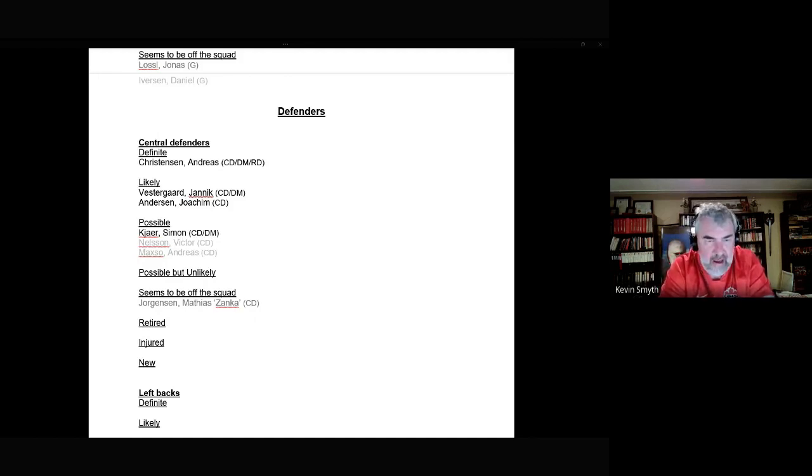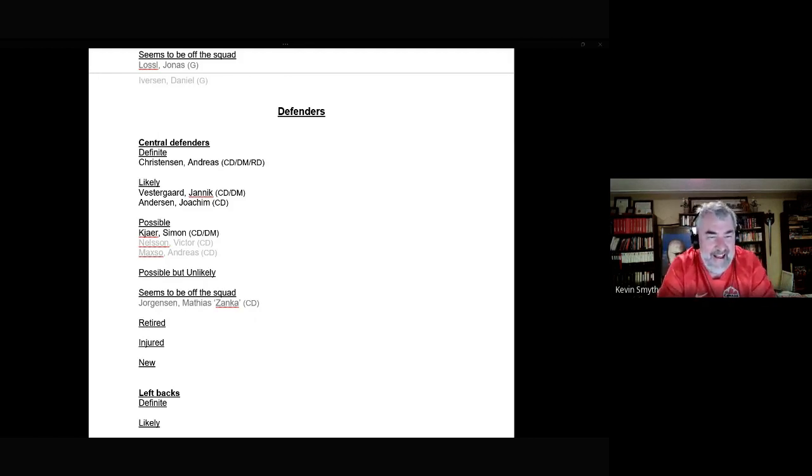He also was in various other countries, Sampdoria in Italy and Twente in the Netherlands, and played for a couple of clubs in Denmark in his youth.